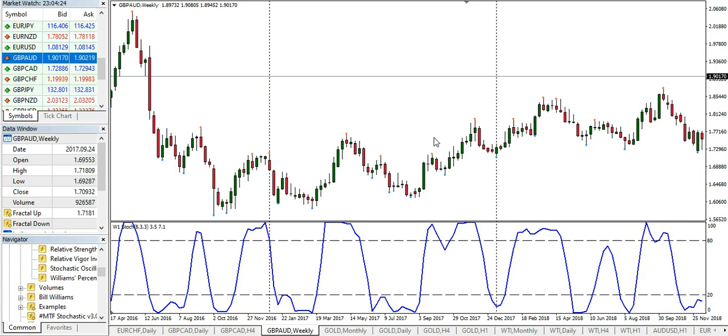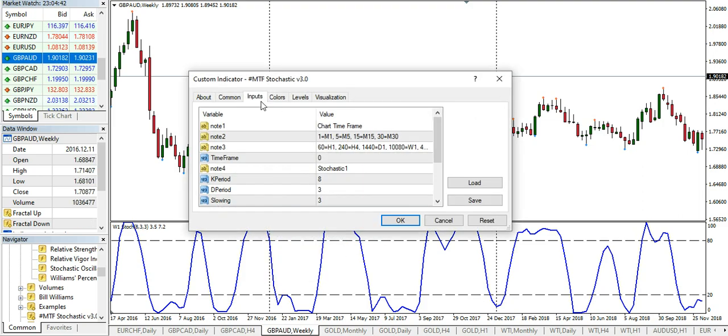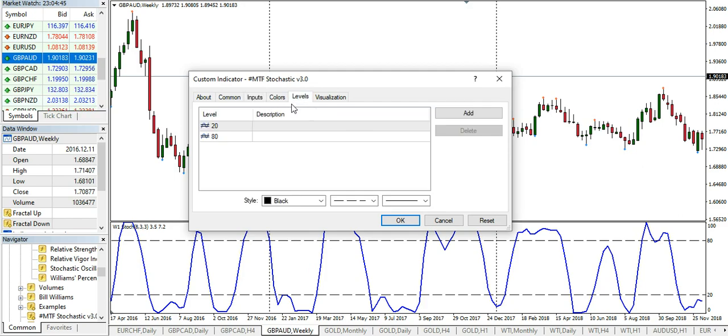Now I want you to understand firstly how the oscillator works. The oscillator divides into a buy zone section and a sell zone. When you go into the settings of the oscillator, the levels that you want are 20 and 80.